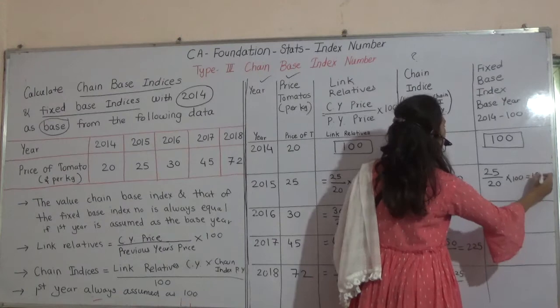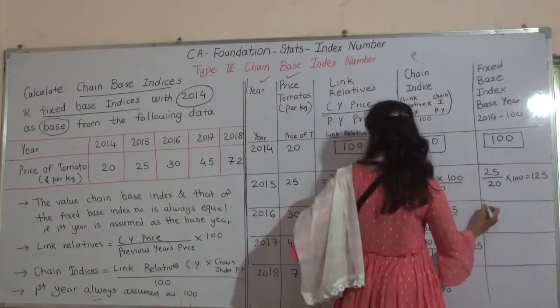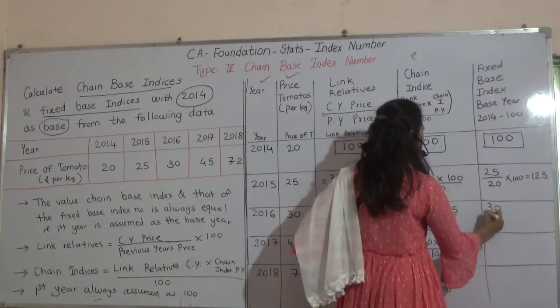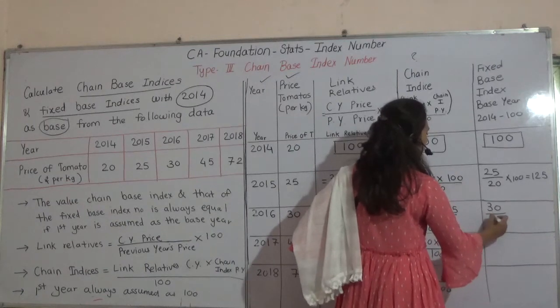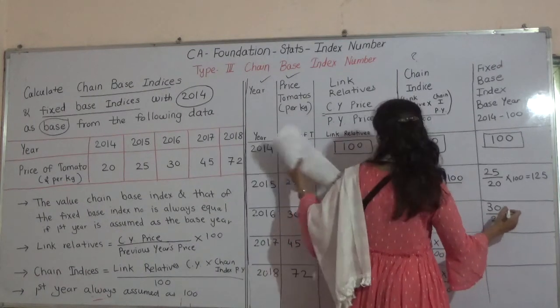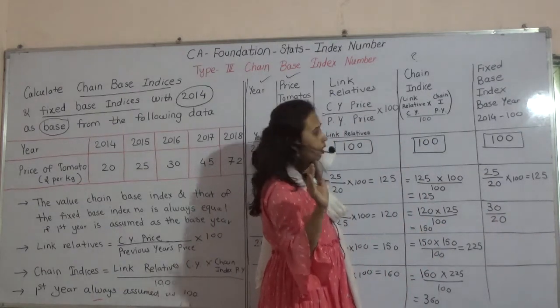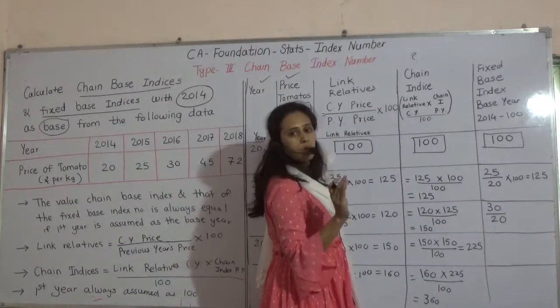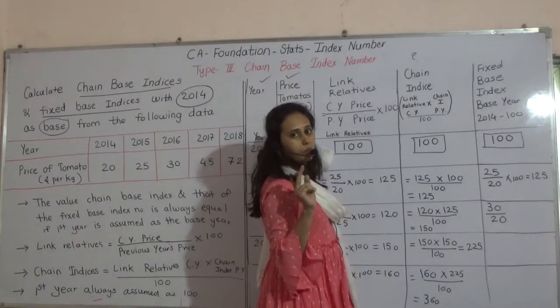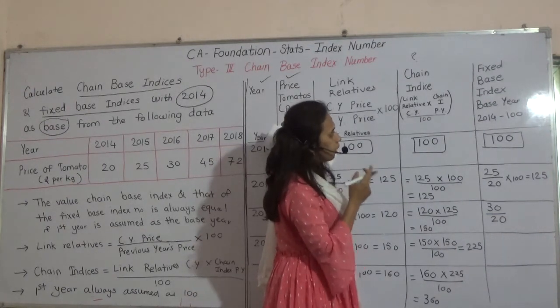Answer is 125. Same way, current year divided by, every time I have to consider the 2014 price, because in the question itself they have given that you have to use 2014 as a base and the method is fixed base index.